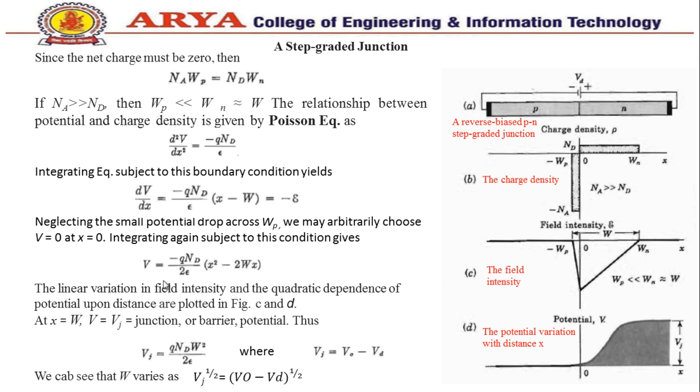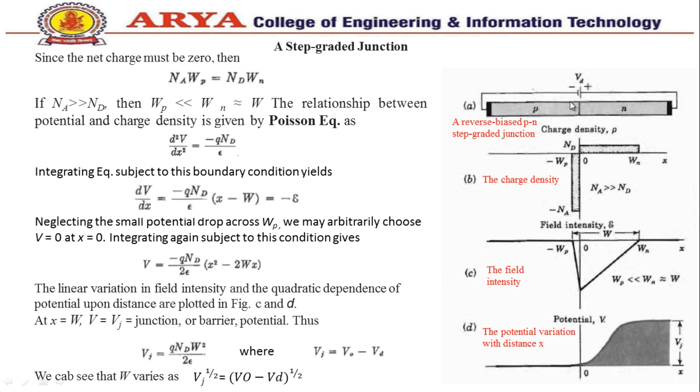The linear variation in field density and the quadratic dependence of the potential upon the distance are plotted in figures C and D. At x equal to W, V equal to Vj, that is the junction or barrier potential. Putting x equal to W in this equation, we get Vj equal to q Nd times W square upon twice epsilon.